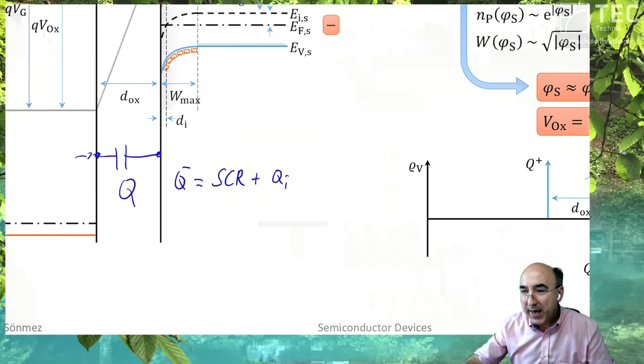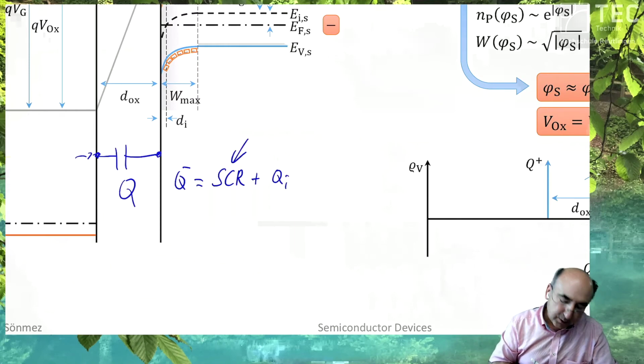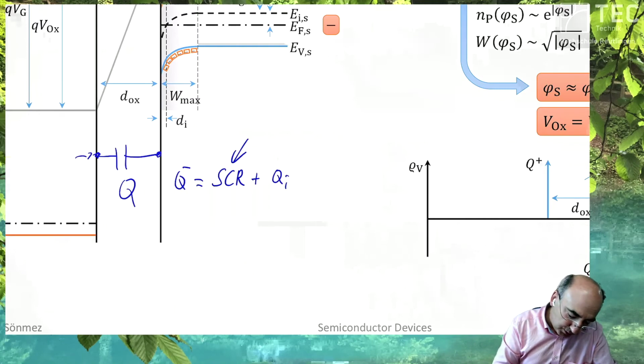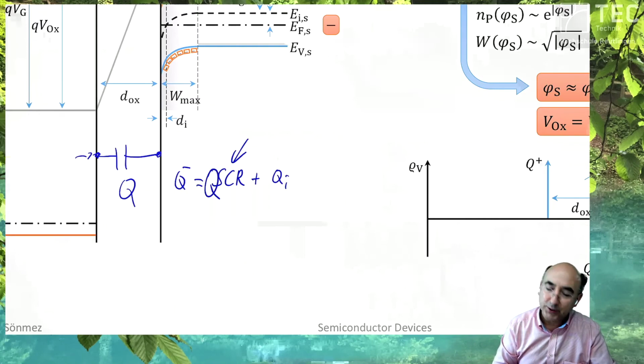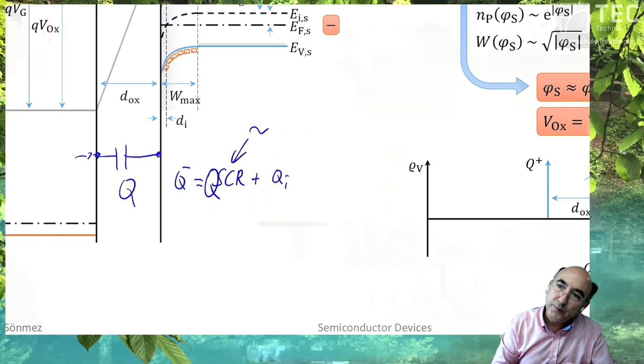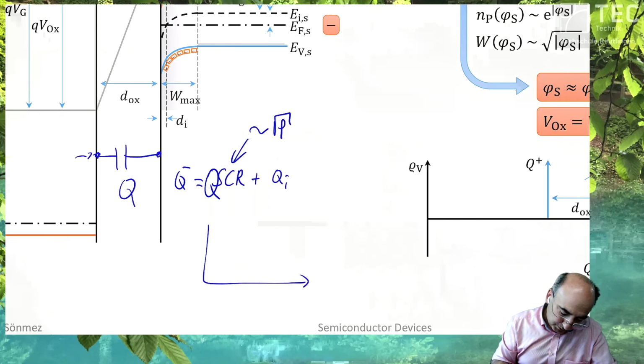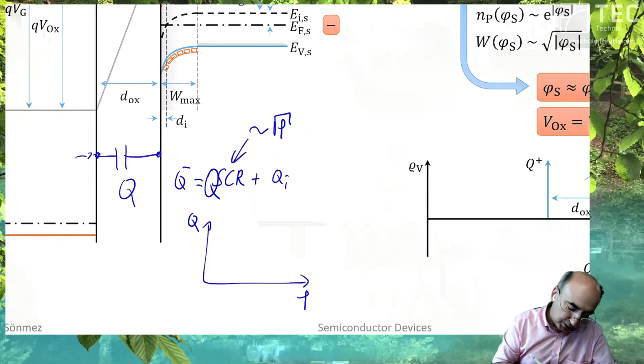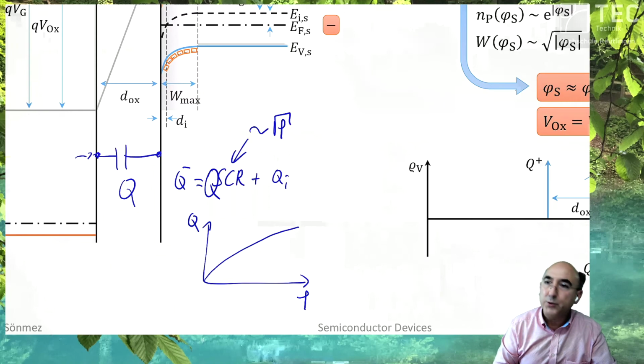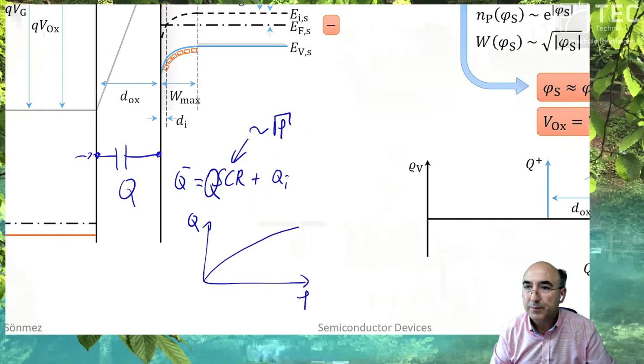The charge Q in the space charge region is proportional to the square root of the surface potential. So if you plot the potential and the charge, the space charge region shows square root behavior.